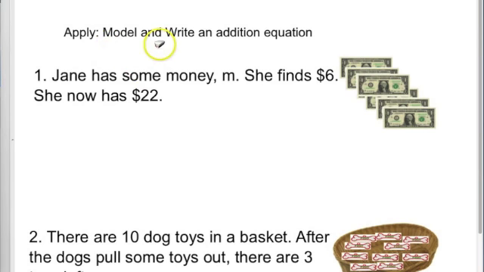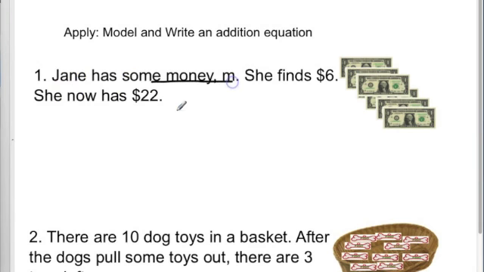We're going to model and write an addition equation on this one, and down here, we're going to model and write a different equation. So let's start with the addition equation first. Jane has some money M. She finds $6. She now has 22. The first part of this equation is similar to what we've already been doing with expressions.